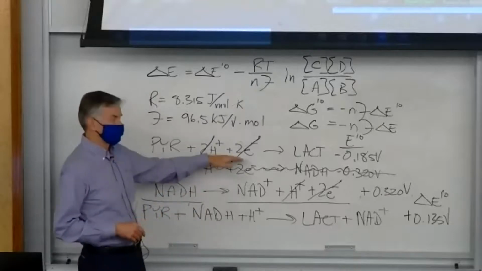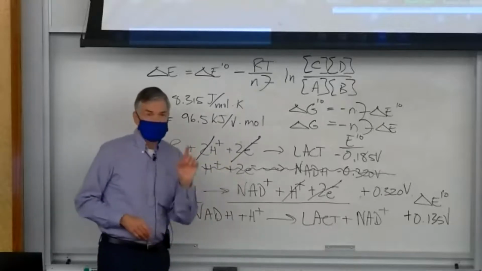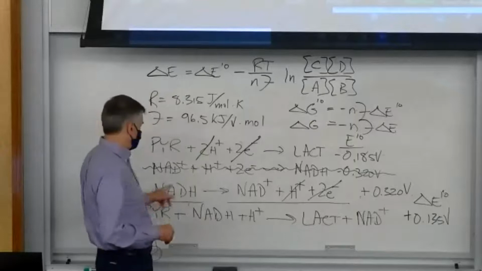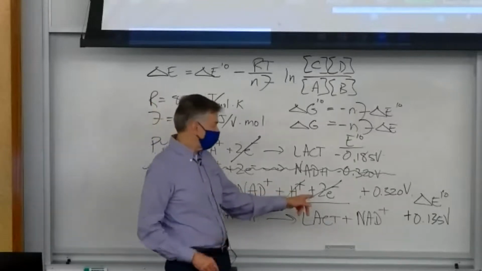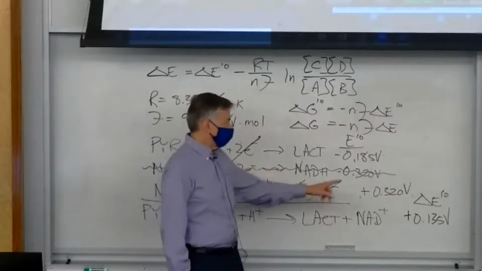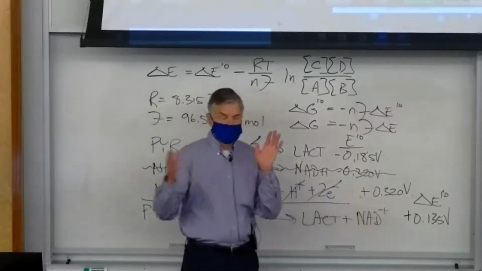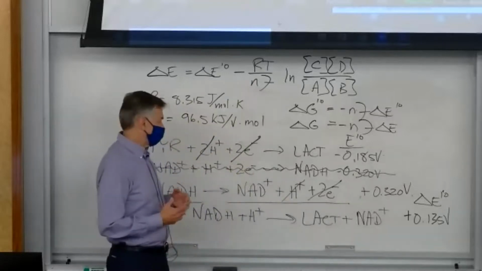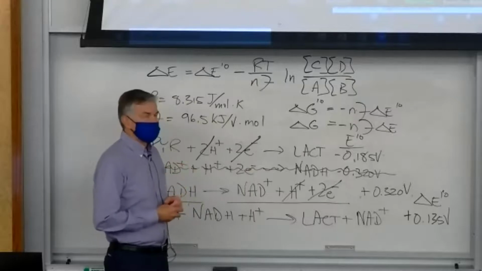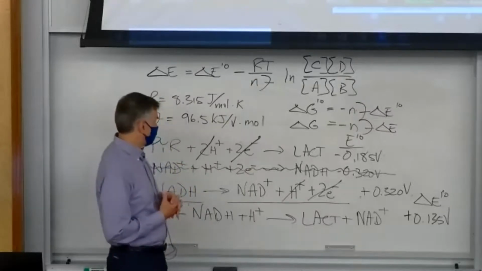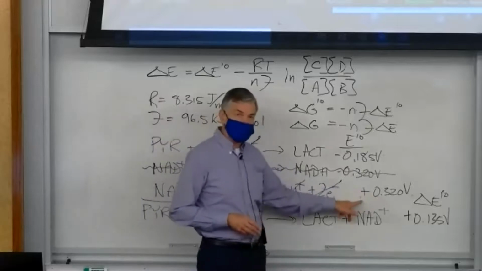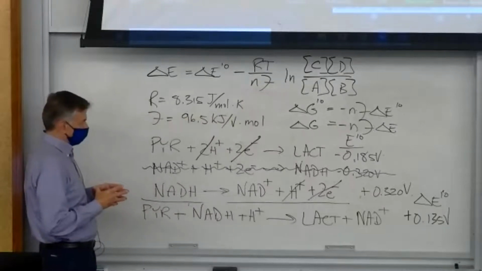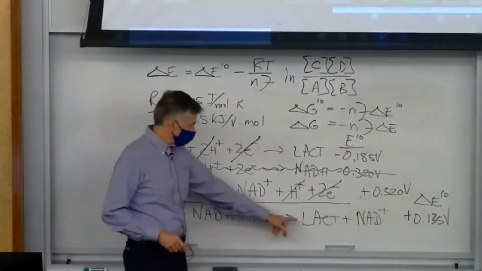If for some reason the number of electrons in one half reaction is 1, and in the other 2, I would need to multiply the terms in the equation by 2, but not the voltage. The voltage is a constant. Every electron that leaves or is gained happens with the same energy. So this does not change, although the sign would change if I move it to a standard oxidation potential.